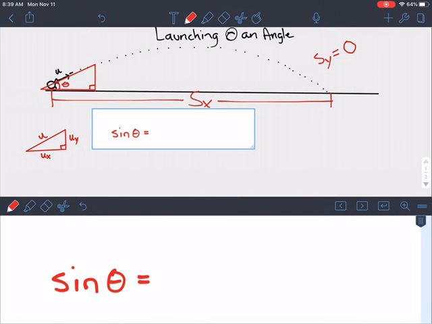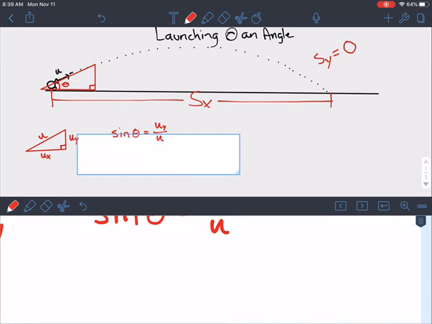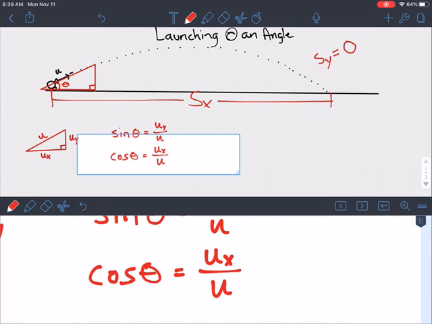So that would end up being uy, so initial velocity in the y, over initial velocity. Now let's go ahead and look at cosine theta. What would cosine theta be? Alright, SOHCAHTOA, adjacent over hypotenuse, so we would end up with ux, initial velocity in the x, over u.